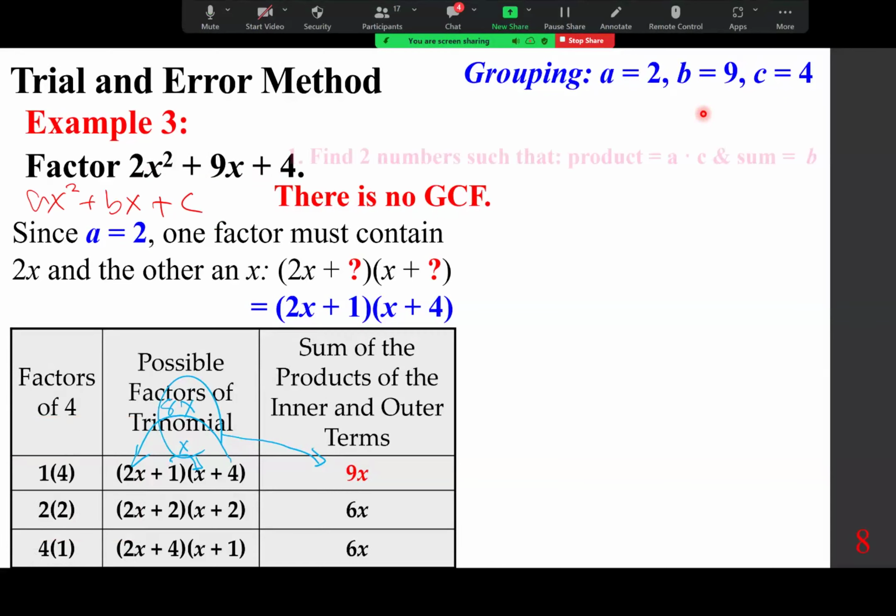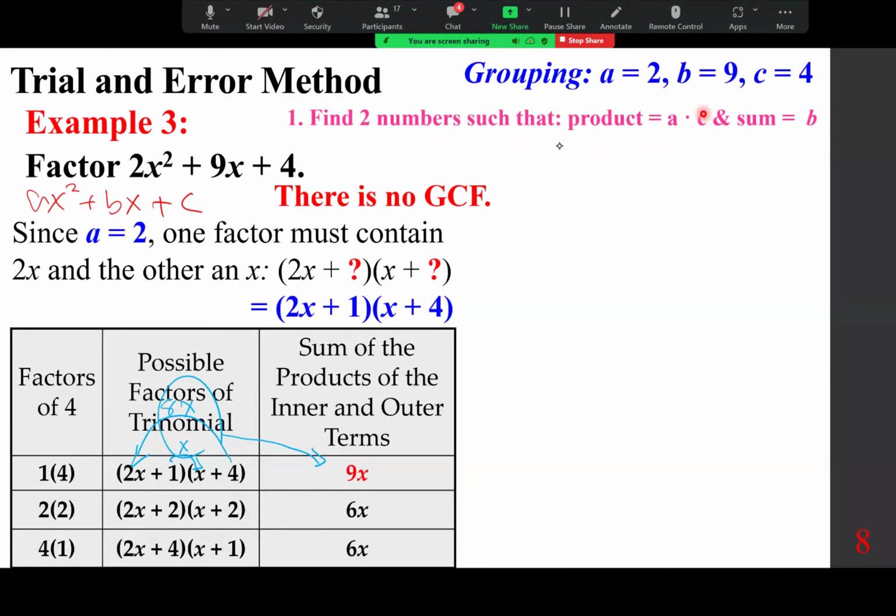Now, what do we want? Find two numbers such that, remember previously we said the product was c, now the product must be a times c. The reason we didn't say a times c previously is because a was 1. So it wouldn't make any difference. Because a is 2, some number other than 1 now, it makes a difference. So we want two numbers. The product is AC and the sum is B.